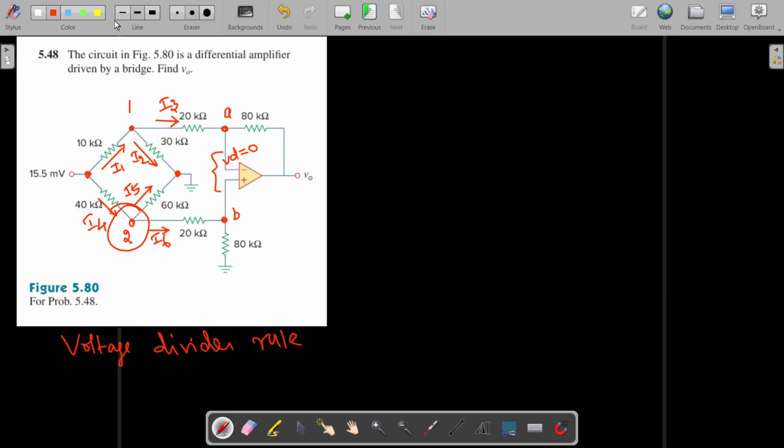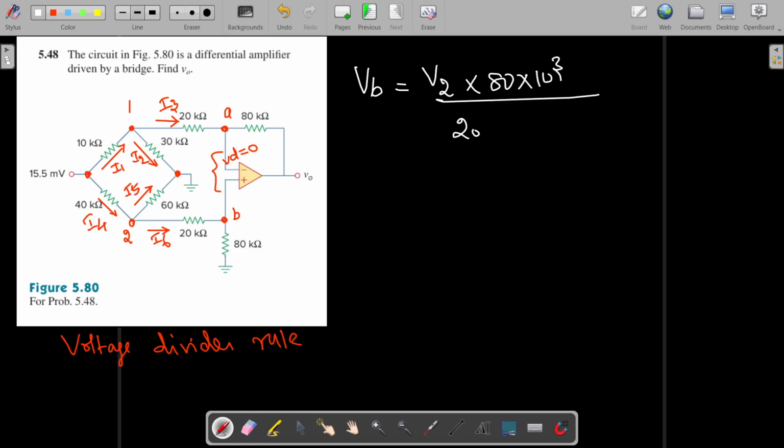So using the voltage divider rule, we can find Vb in terms of V2. What is Vb? Vb is equal to the potential V2 multiplied by this resistance 80 kilo ohm divided by the total resistance (20 + 80) × 10^3.